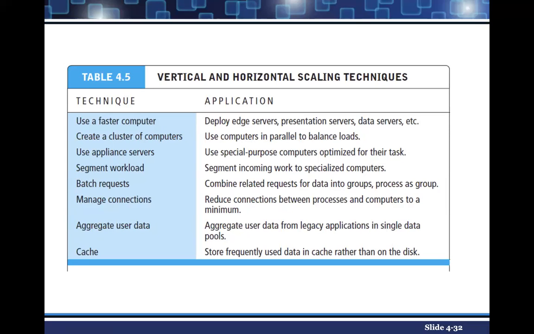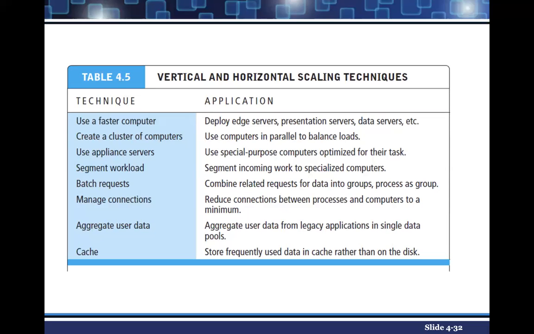For this one we have to use a technique to measure and do the load balancing as well, that when a task arrives, which server this task or process should be sent or redirected to. The next technique is to use appliance servers. So this one we use another special purpose computer to optimize for that task.